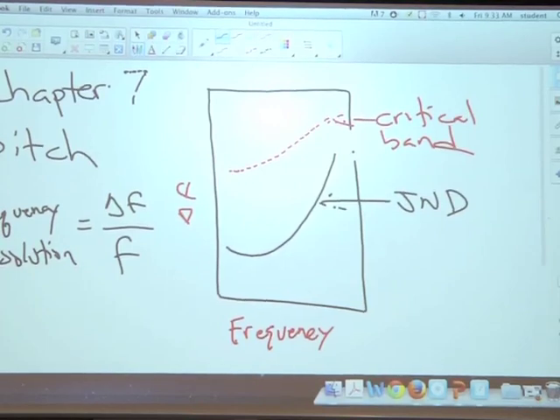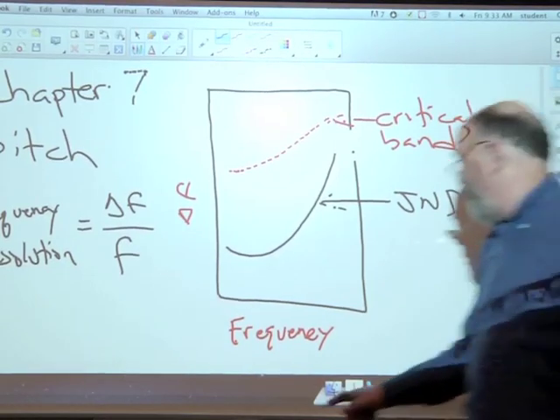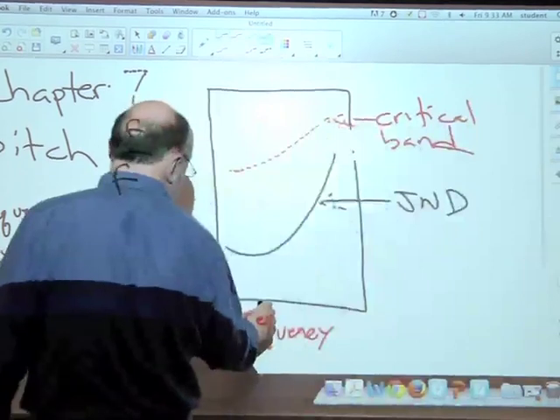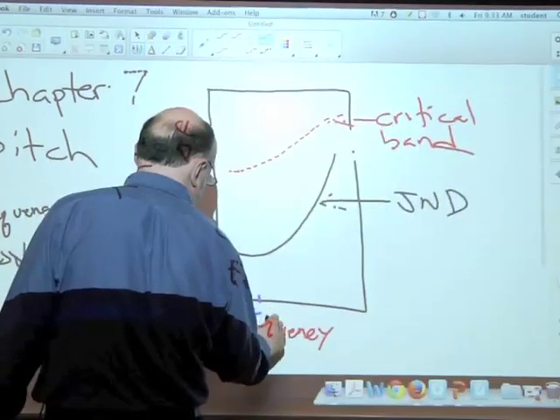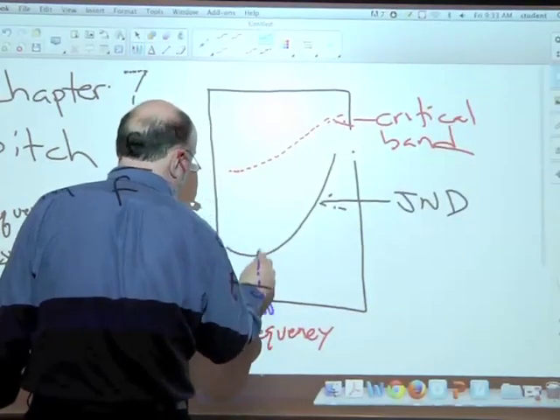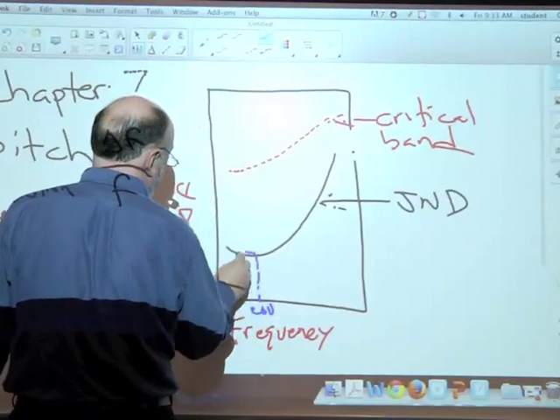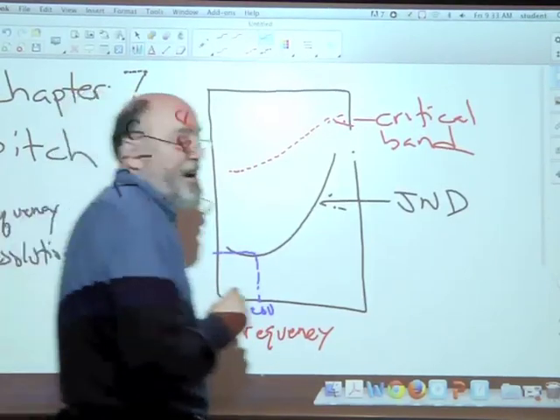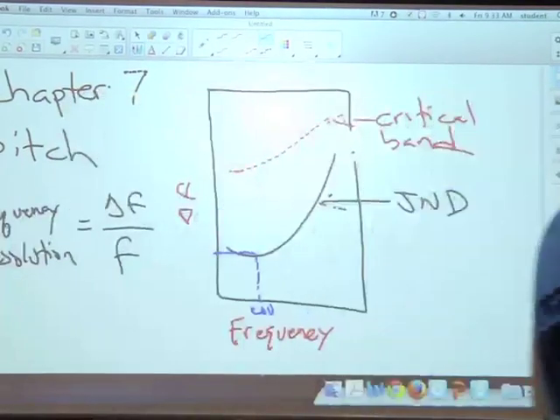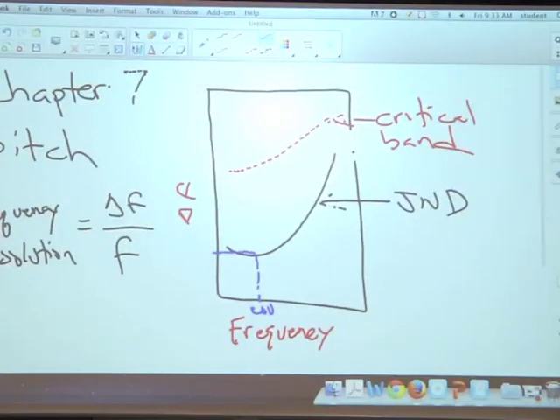So at 200 hertz on that graph, you go up on the J and D side first. So you start at 200. We go up. You then would read across and get that number. And roughly that corresponds to what?